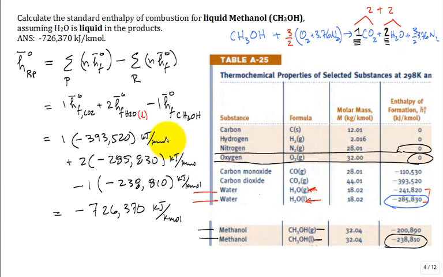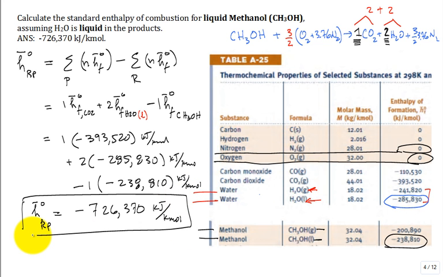There you go. So what is this term again? Standard enthalpy of combustion for that fuel, and you really need to know how that product goes out if it's water. Does it go out liquid or does it go out vapor? True? Yes?